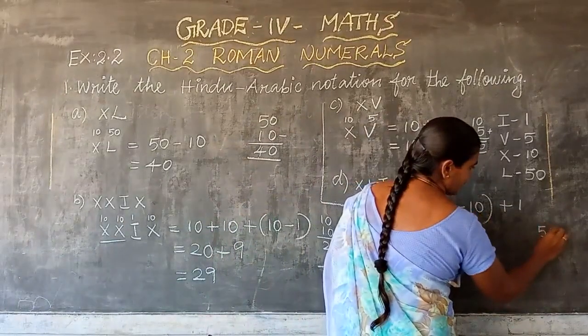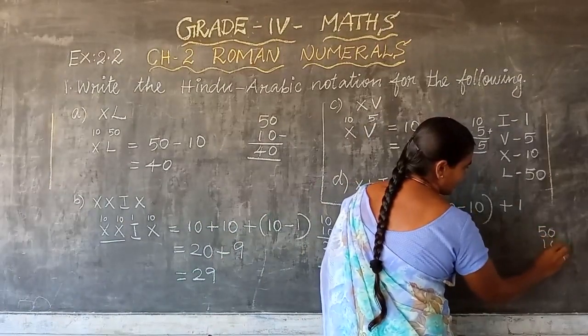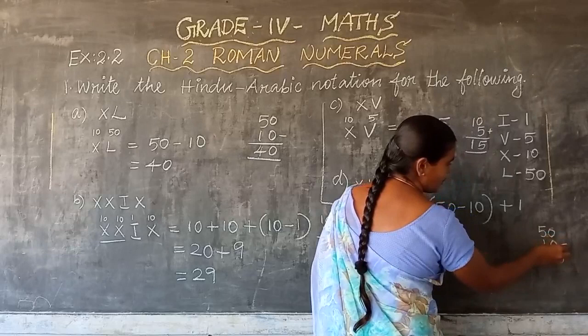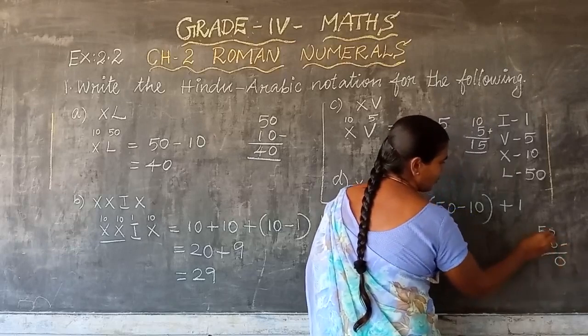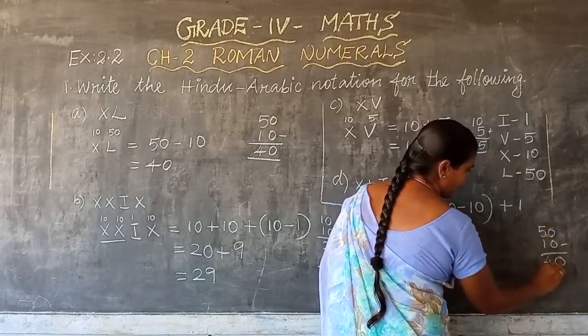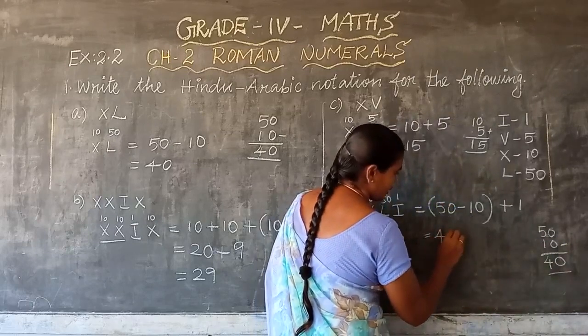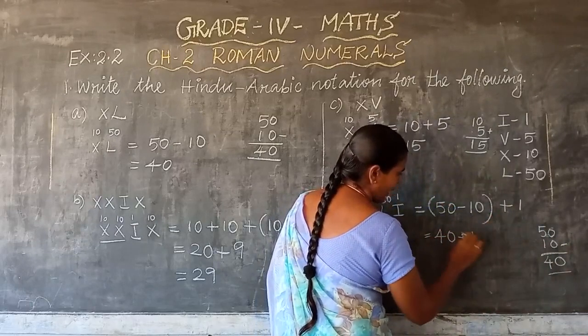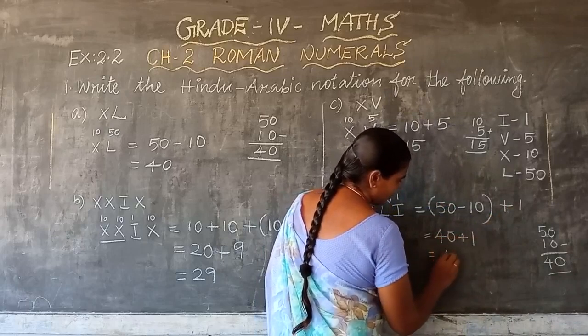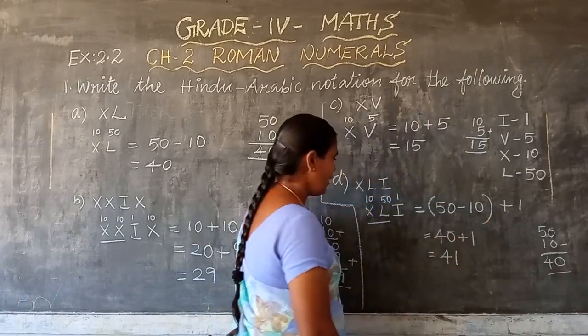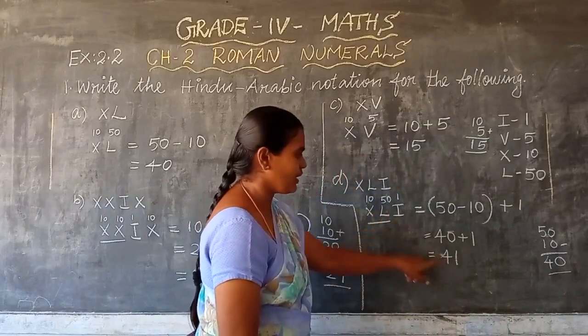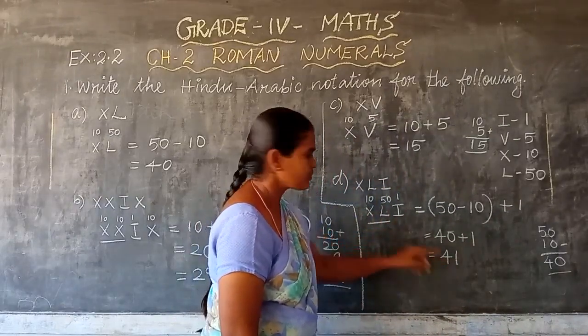Do the calculation. 50 minus 10: 0 minus 0, 0. 5 minus 1, 4. So we get answer 40 plus 1, 41. So XLI value 41.